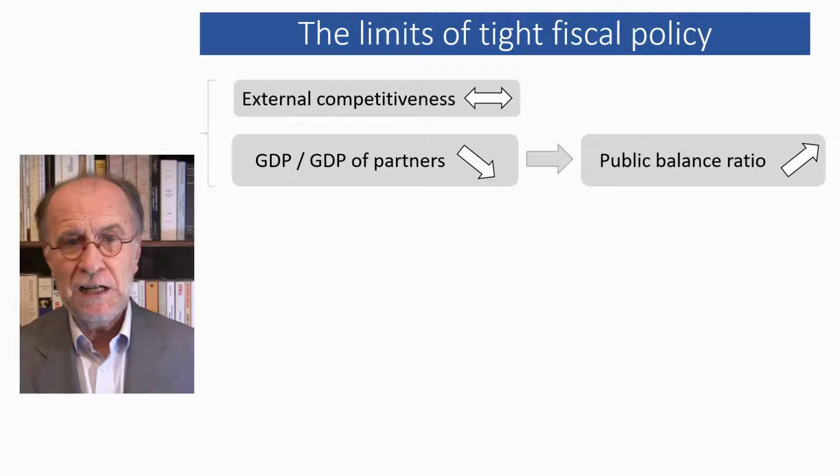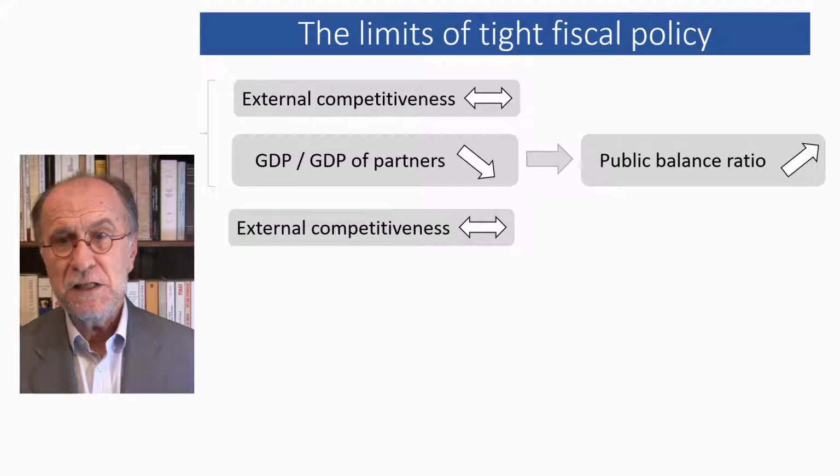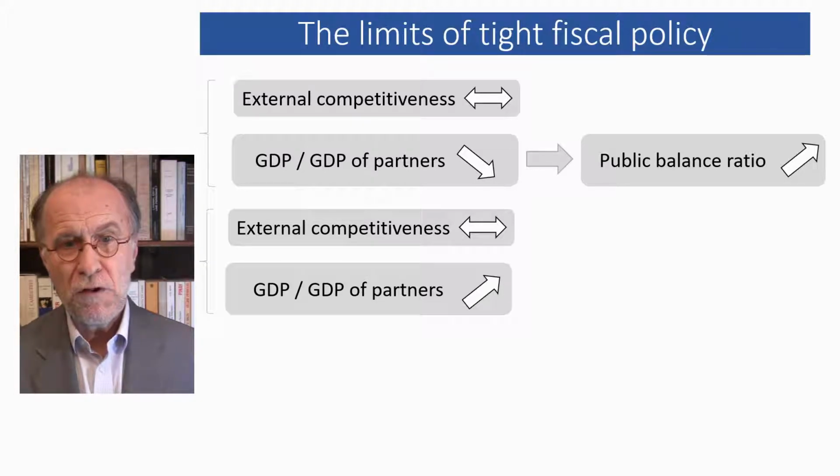But if the country does not improve its external competitiveness, it cannot recover lost growth without undoing the improvements to its external balance ratio, which would result in a lower public balance ratio.